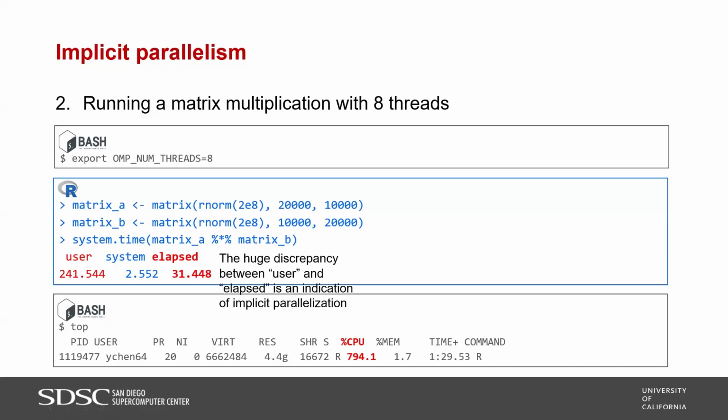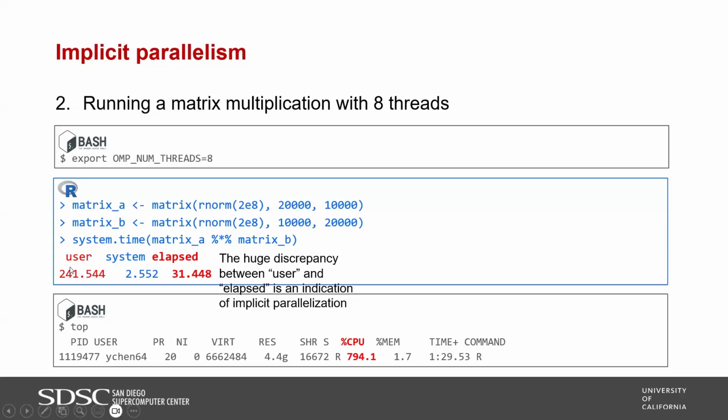That huge discrepancy between the user and the elapsed time is an indication of implicit parallelism. So this also applies for the R function you want to test. If you are using multi-threading and you found the elapsed time and the user time are very different, then it's likely that your function is already run in parallel.